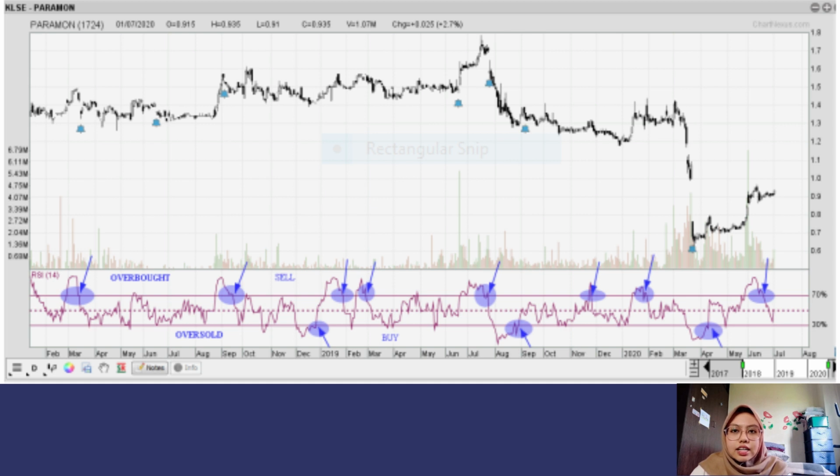According to the chart, sell signals were generated twice in 2018, 4 times in 2019, and once in January 2020 because the stock is overbought. Buy signals, on the other hand, were generated in December 2018 and August of the following year, when the stock was oversold and the price and RSI crossed above the line of 30.